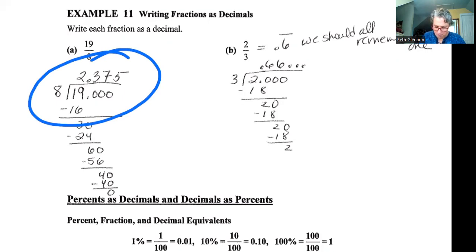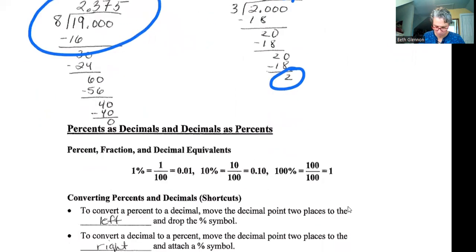Over here, though, no matter what I do in this second problem in B, I'm going to get a remainder of 2. Oops, sorry about this, kids, I've got to move this. You should remember 2/3 is always 0.6. You know that, okay?